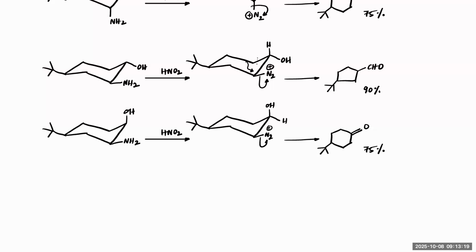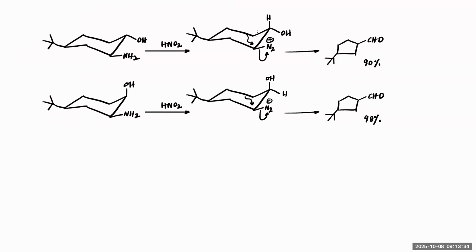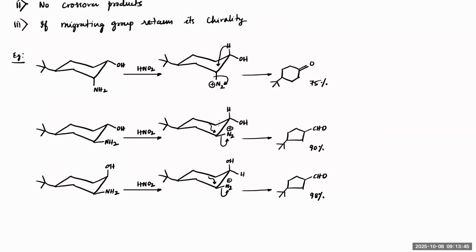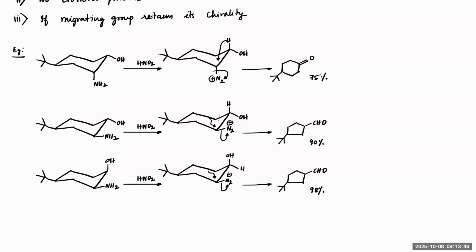The group will go from here, and the attack would happen from here. So you will get the same product, but the percentage will be higher, around 98 percent of this product. I guess this part is understood. Only these three cases might be something extra that you need to remember.